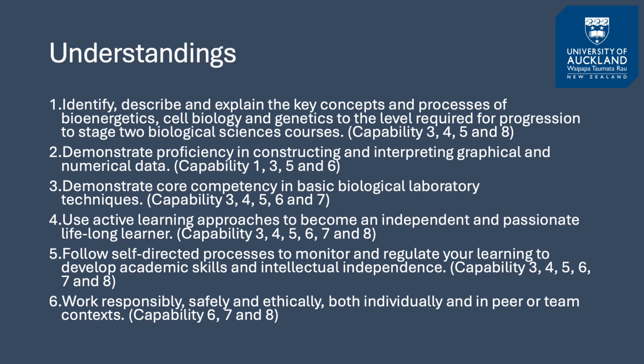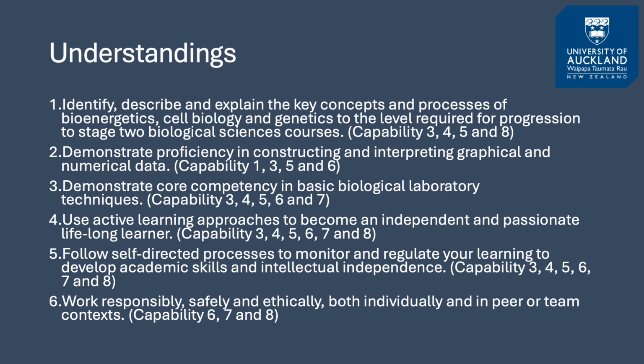Looking at the understandings, so the first is to identify, describe, and explain the key concepts and processes of biogenetics, cell biology, and genetics to the level required for progression to Stage 2 biological science courses. The second understanding is to demonstrate proficiency in constructing and interpreting graphical and numerical data. The third is to demonstrate core competency in basic biological laboratory techniques.